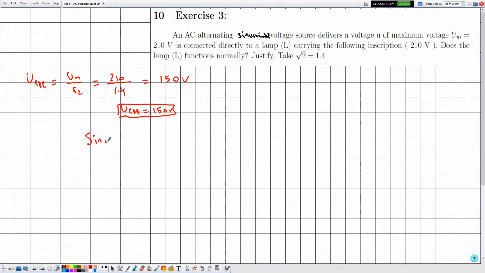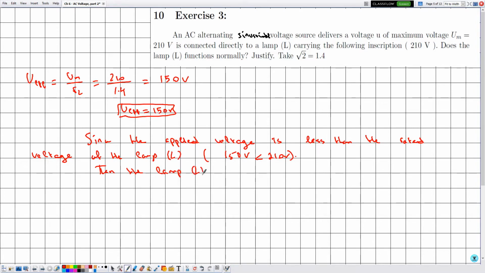Since the applied voltage is less than the rated voltage of the lamp L, because 150 volts is less than 210 volts, then the lamp L may not function or function weakly.